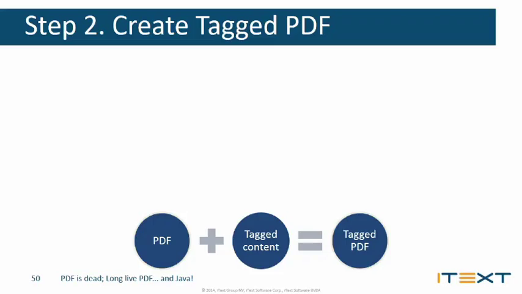But your machine processing this, or your software processing this, has no idea that this is a tabular structure. So to resolve these issues, we will be tagging the content so that the semantics and the structures are added to the PDF document, so that on top of the visual representation, you also have structural information in the PDF.